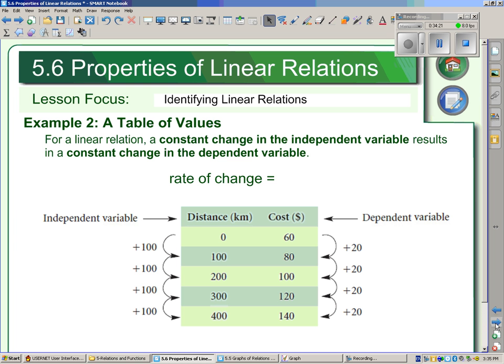So although everything in the independent goes up by 100, in the dependent every value goes up by 20. So that's giving me what's called the rate of change. So my rate of change, delta y over delta x, the change in the y's divided by the changes in the x. And it's important to know that the y is on top, right? The y over the x.